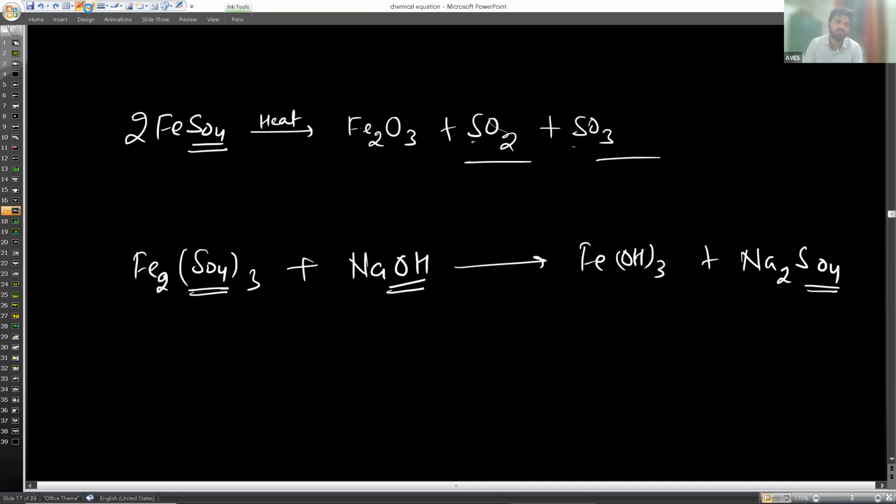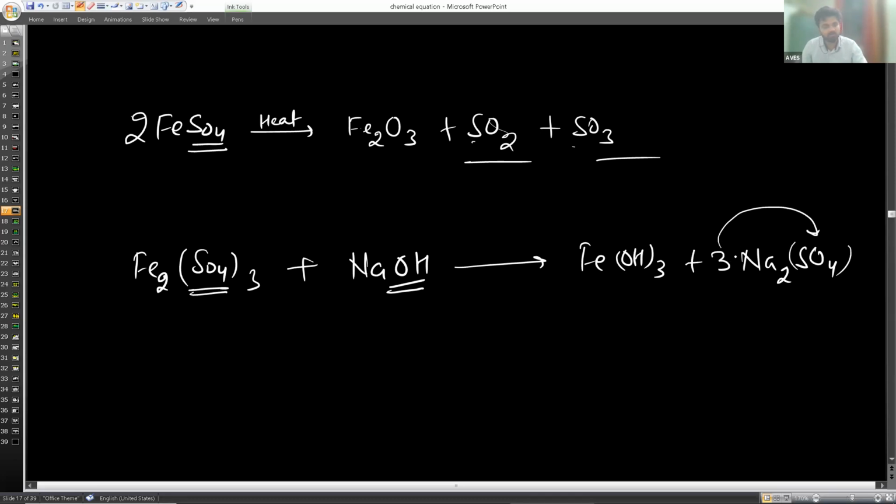So when it is SO4, we will count it like a single molecule. How many SO4 are there? 3 SO4. And how many are there on the other side? 1 SO4. So you have to multiply this number by 3, so that this sulfate ion will also become 3.